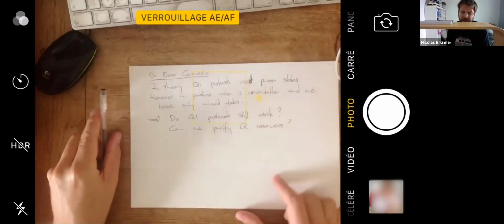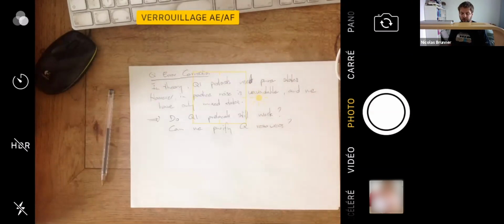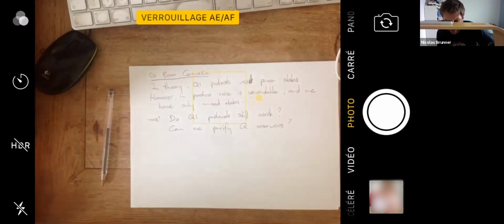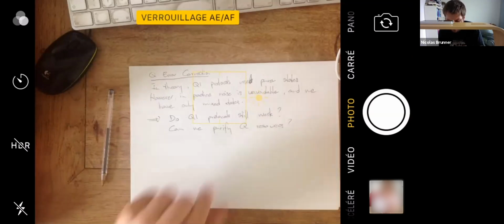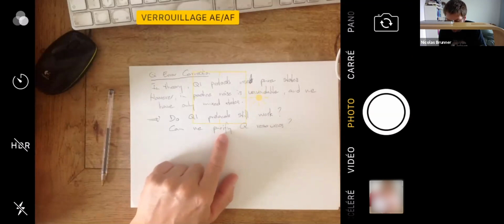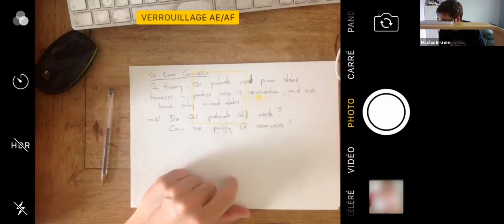So that is, if we have resources that are not perfect. If I have a source that creates a mixed state instead of a pure one, can I, via some process, enhance the purity, or in other words, purify my quantum resource?